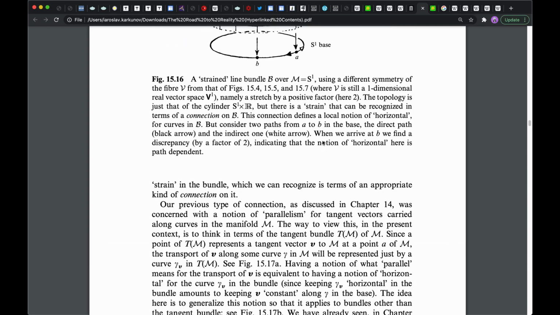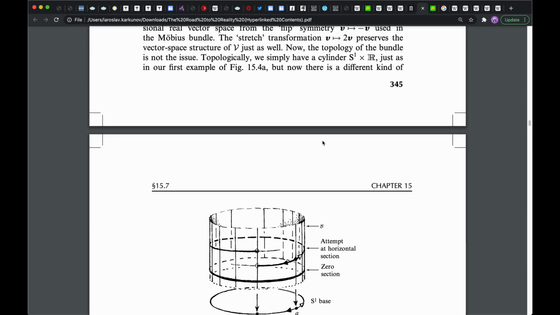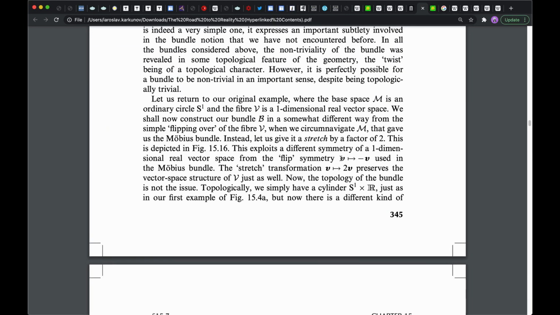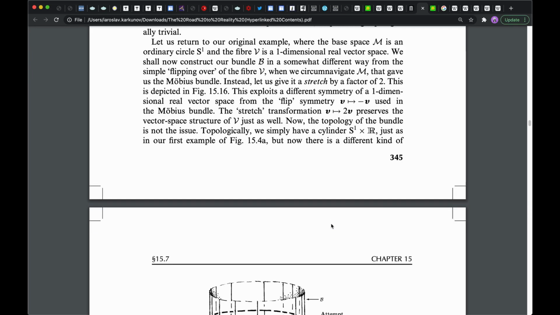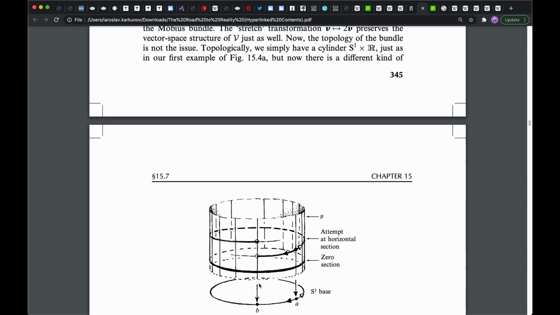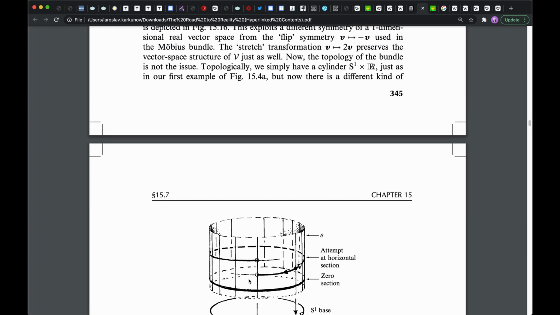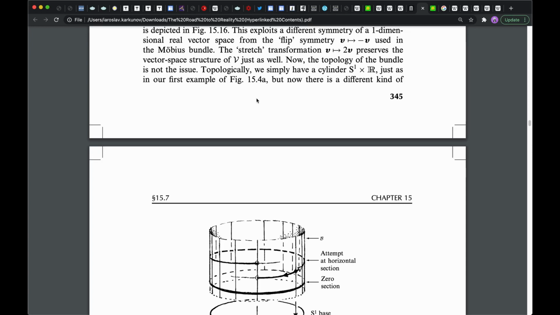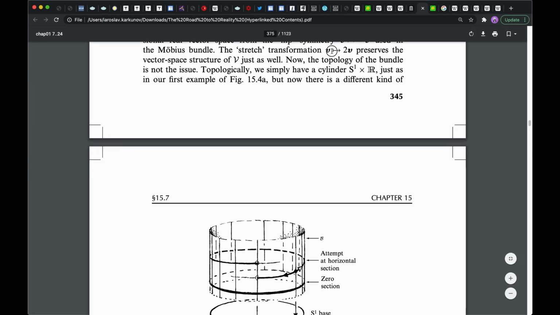Yeah, and therefore we have here the example of a cylinder. So we have just S1, a circle as a base here, and a line as a fiber, and we have non-triviality in that fiber bundle by using the stretch transformation.